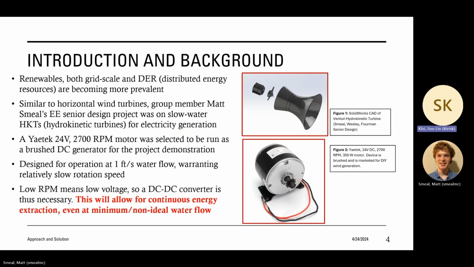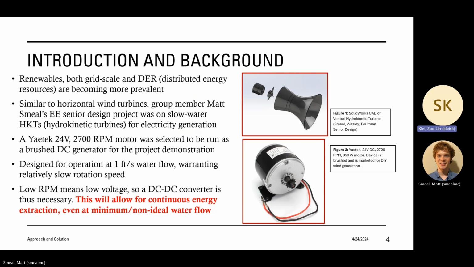Renewables, both grid scale and distributed energy resources, or DER, are becoming more prevalent. Similar to horizontal wind turbines, group member Matt Smeal's EE senior design project was on slow water HKTs for electric generation.